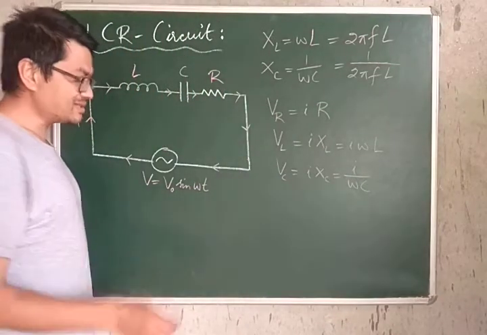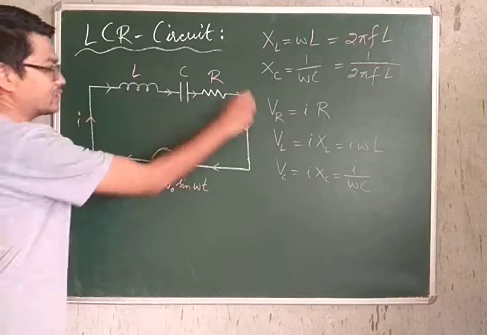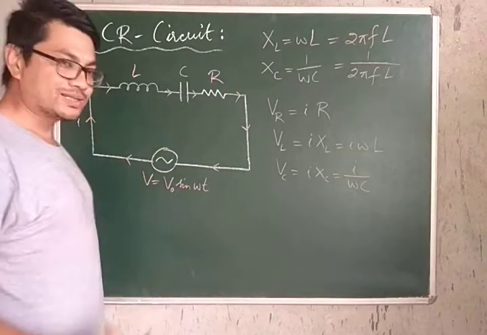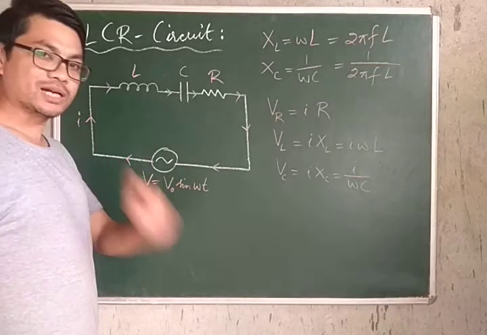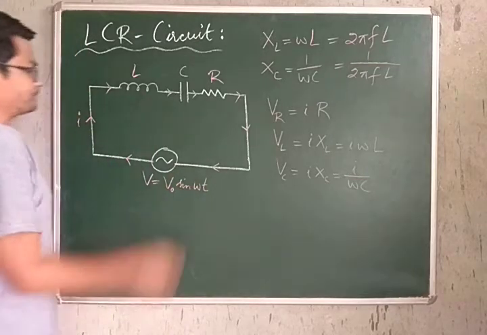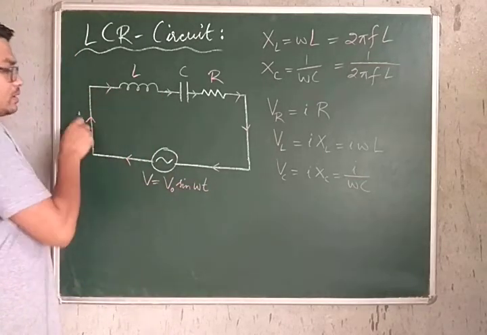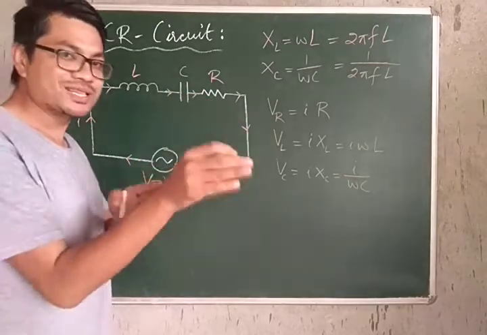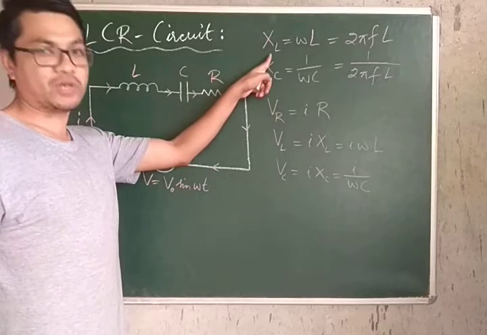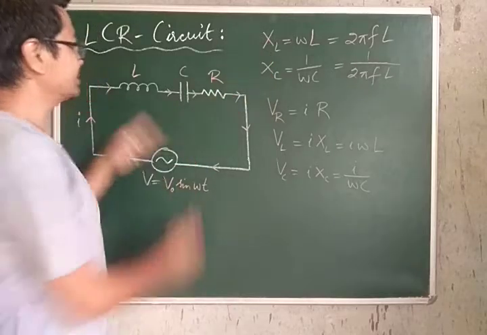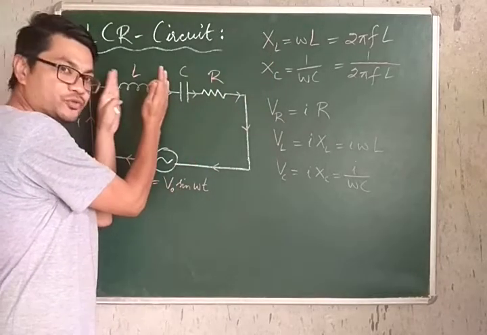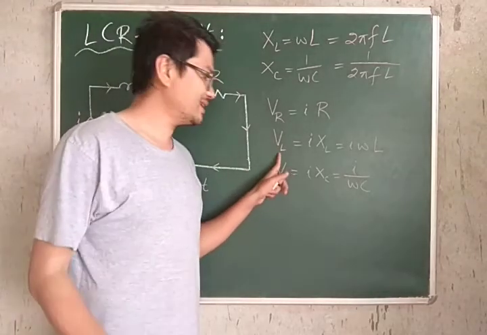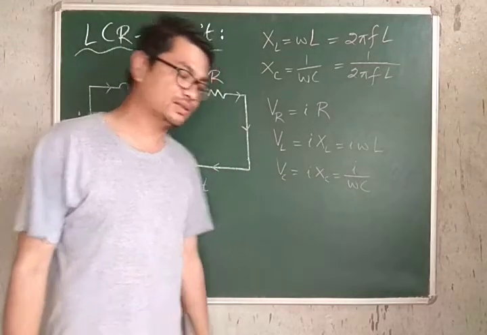Now, at any instant, say, current I is flowing in the clockwise sense. I is the instantaneous value of the current. The inductor is going to offer some resistance to the current, and thereby there will be a potential difference across the inductor, VL, which is I into XL.